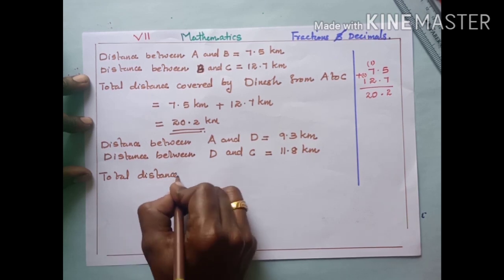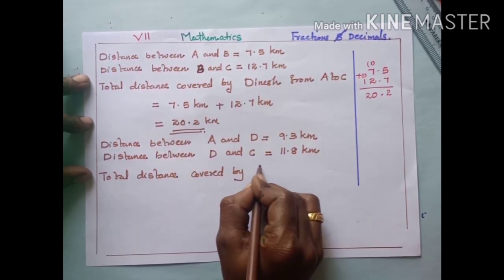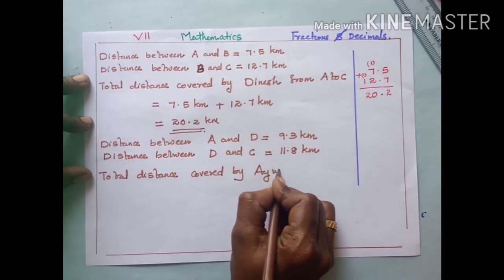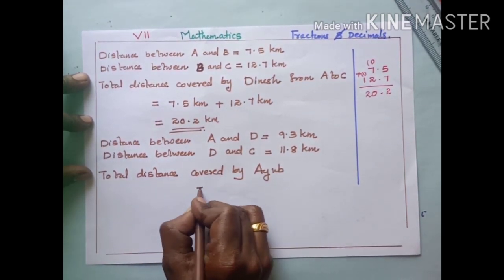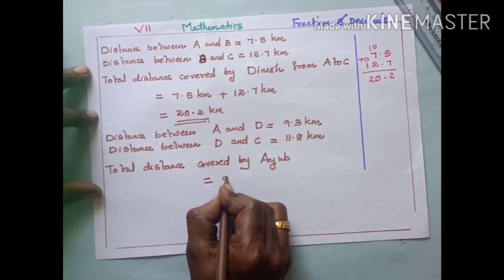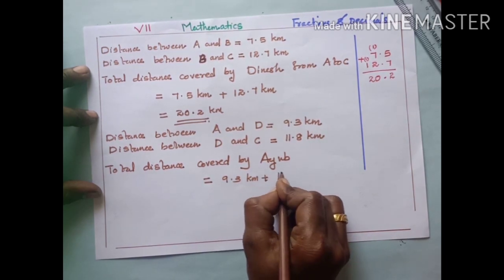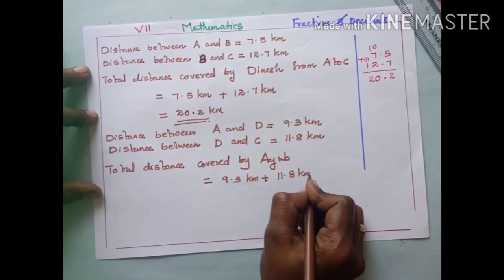Then find out the total distance. Total distance covered by Ayub equals 9.3 kilometers plus 11.8 kilometers.